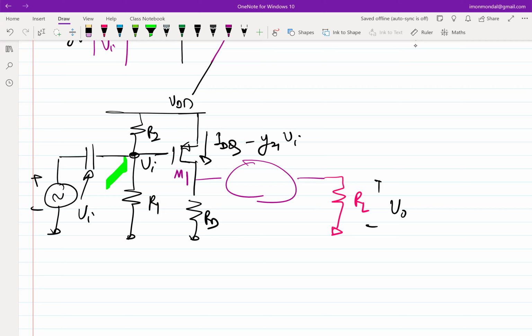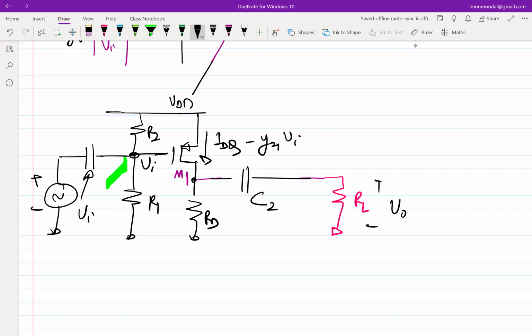That's what we have been doing. So put a capacitor. Let me call this C2. Again, let's assume that the capacitor is infinitely large. It doesn't give me any voltage drop if current flows through the capacitor.